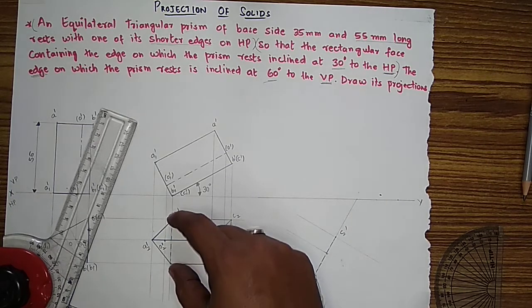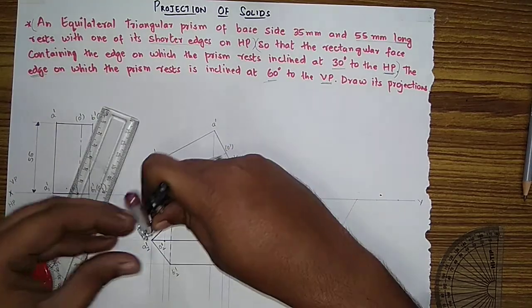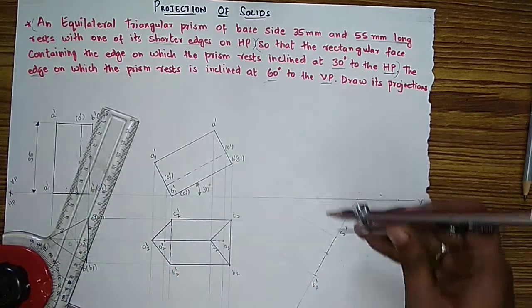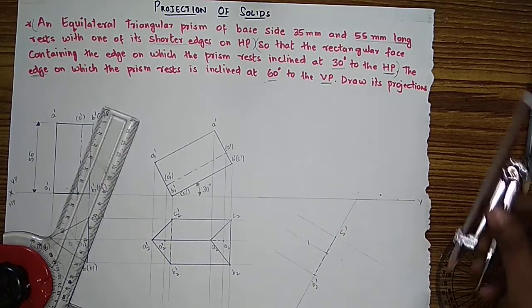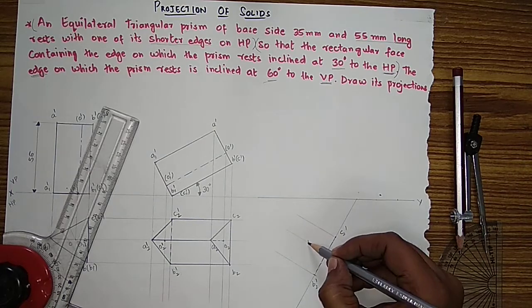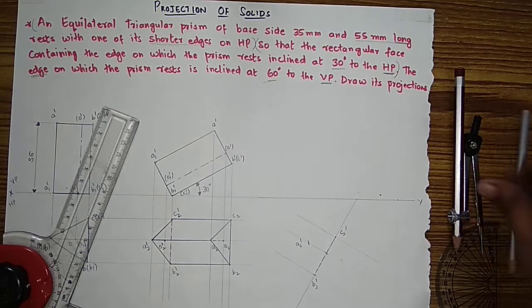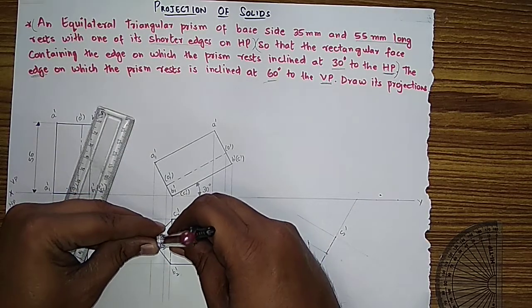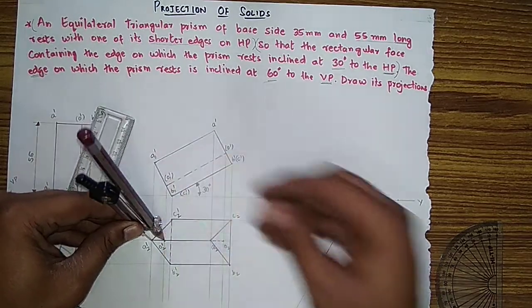Okay, then this line I have copied here. Then what we have to copy? From C2 dash to A2 dash I am removing the points. From that point only I am marking this point, A2 dash. Then the remaining middle point, from A2 dash I can copy to O2 dash.